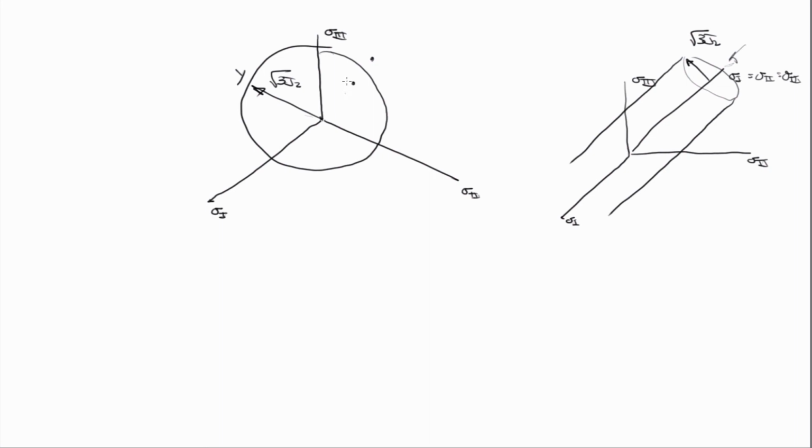You accept the trial step and move on. But if you're outside, that means you're plastic, but you're in violation of the constraint that you have to be on the yield surface. You can't actually be out here. You're either inside or you're on it. So if you take a trial step and find yourself outside of it, then you have to return yourself to the yield surface. This is what we'll talk about next time, a simple return algorithm called a radial return. We'll talk about how you compute to get yourself back on the yield surface.